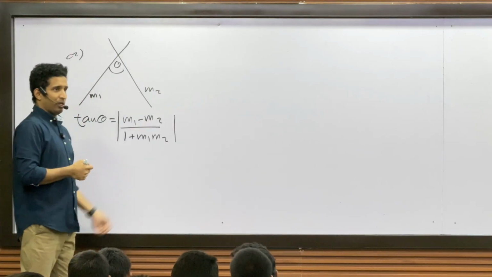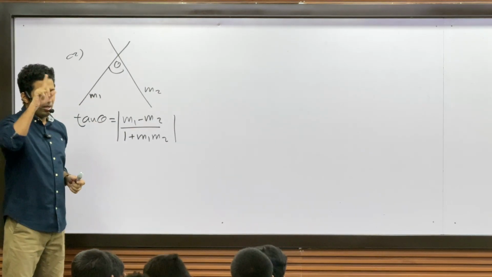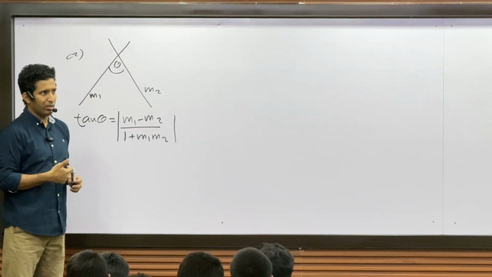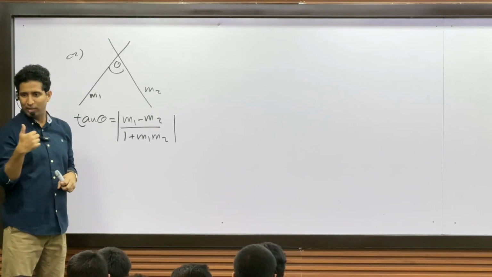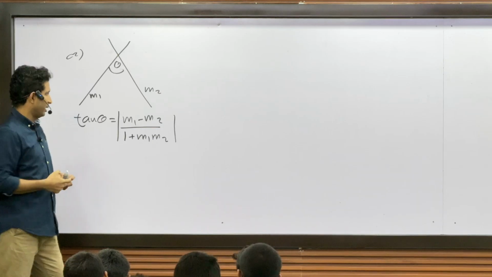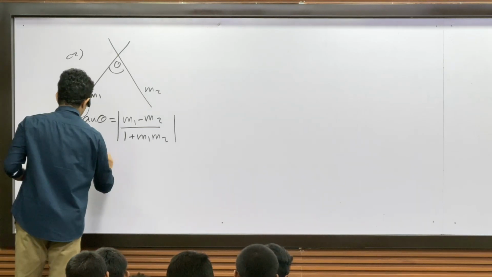Here it says it makes an angle 45 with the straight line y equals 2x minus 2. Isn't it? Right. I will draw a diagram like this.